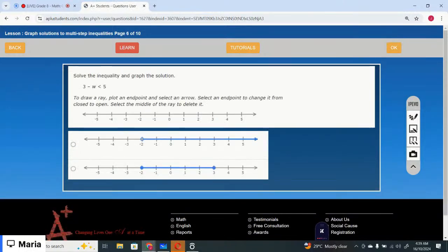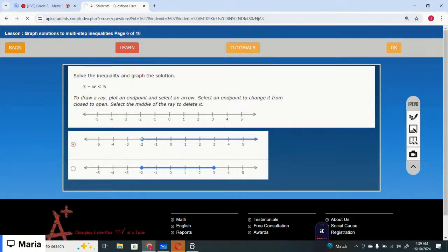Solve the inequality and graph the solution. So which is the correct option? Option number 1 is the correct option. Okay, you can complete the lesson by yourself later today.